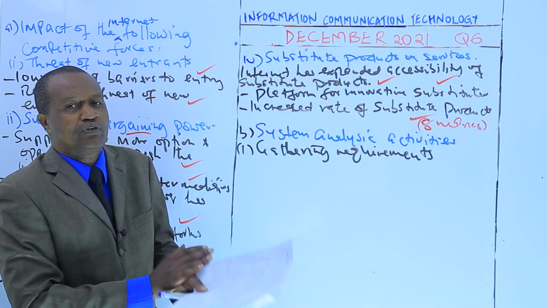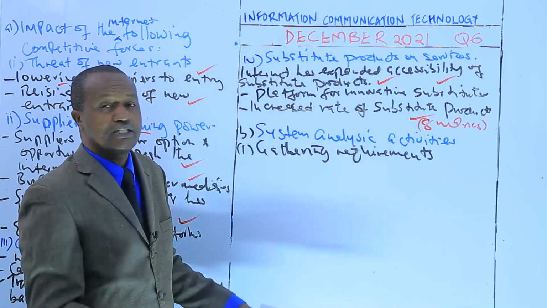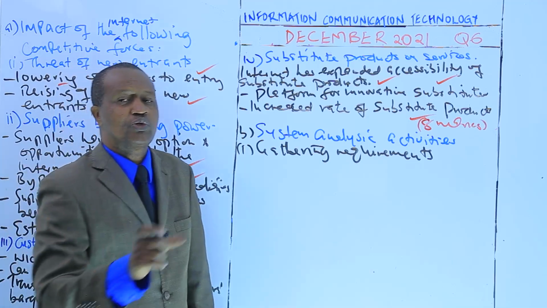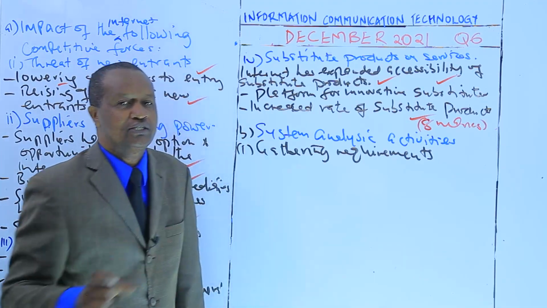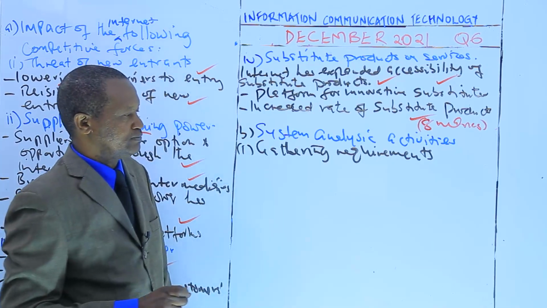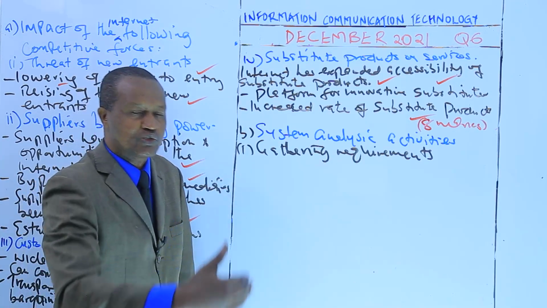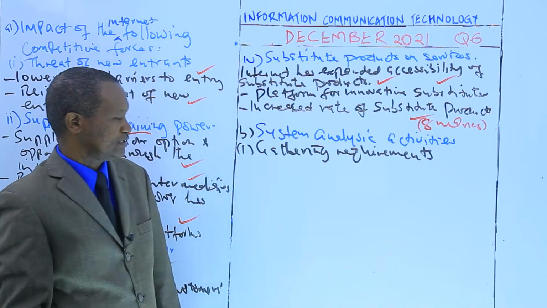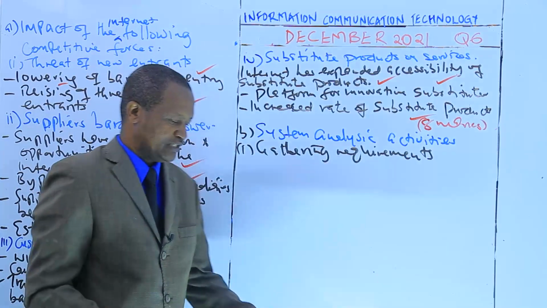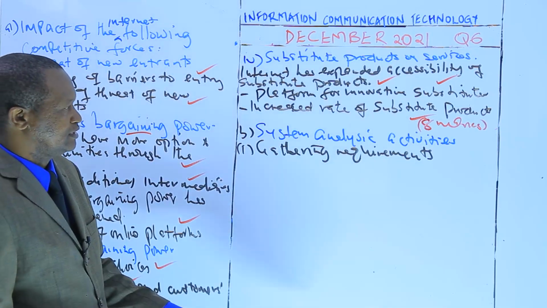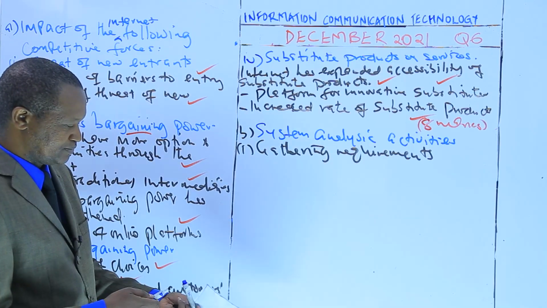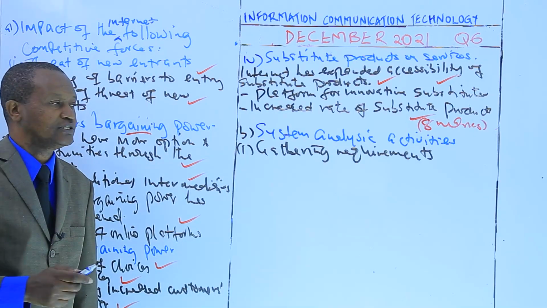And that involves conducting interviews, conducting workshops, and surveys to elicit information and documents, and also to put down the functional and non-functional requirements. Gathering requirements, that's the first activity in system analysis.